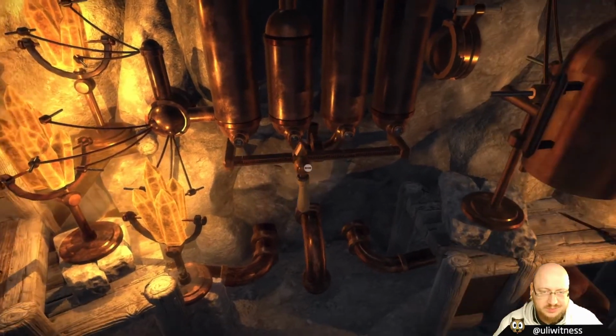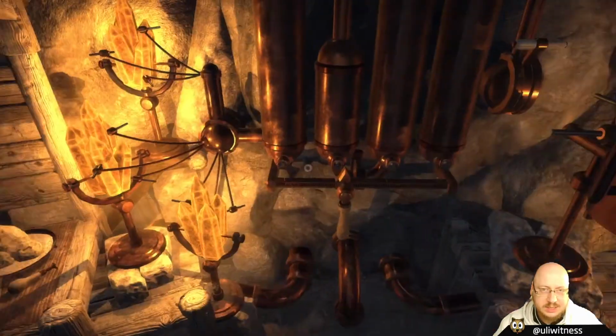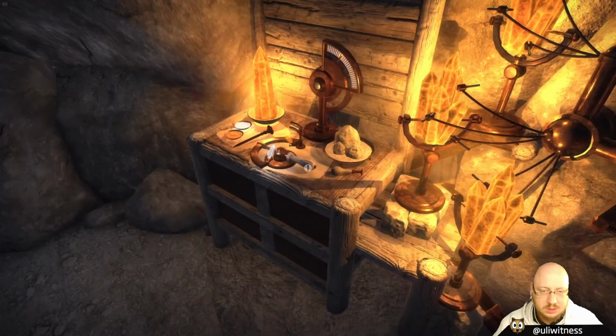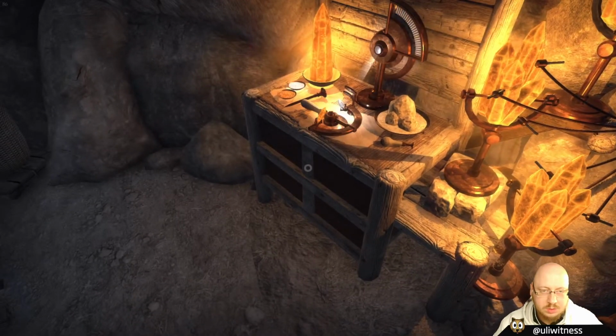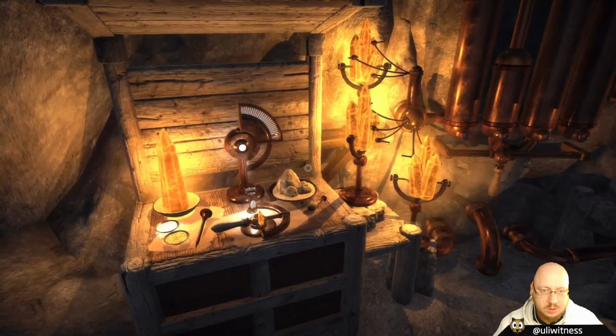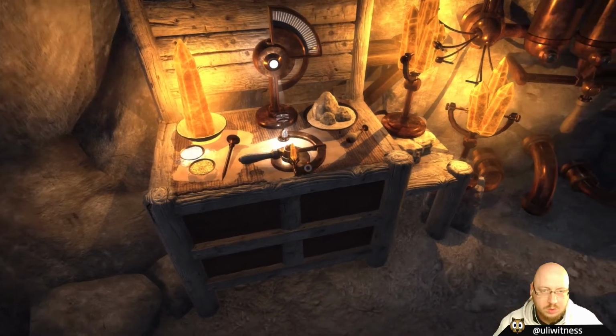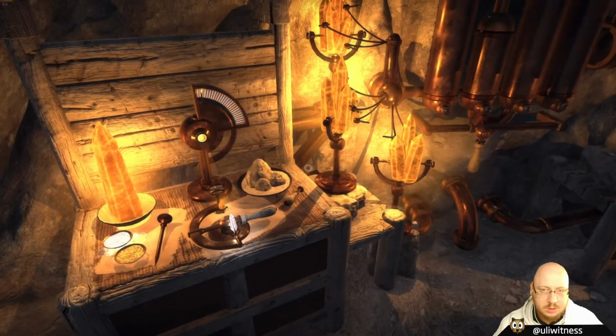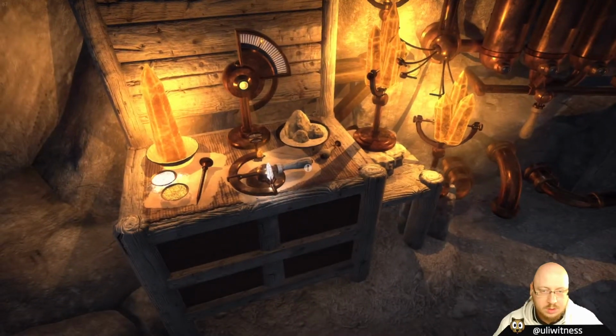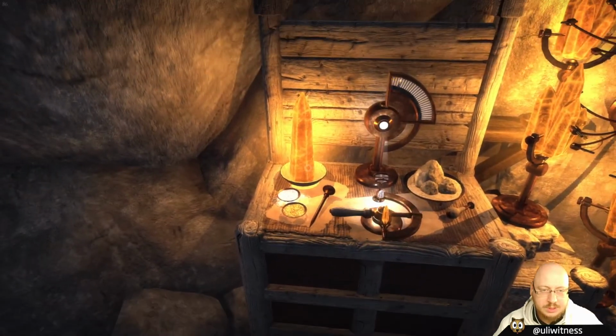I mean, this feels a bit like a scale. Oh, okay. The yellow generates less power than the white one.